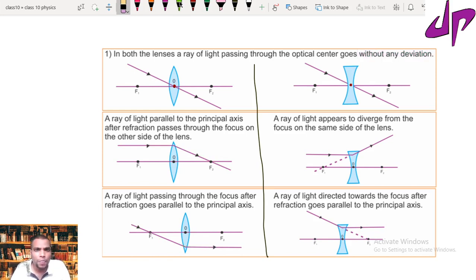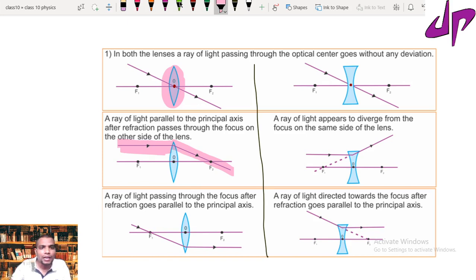See once again, for the convex lens, a light ray which is passing through the optical center does not deviate. So that is the first one. The second one, a light ray which is parallel to the principal axis, after refraction should pass through the focus.